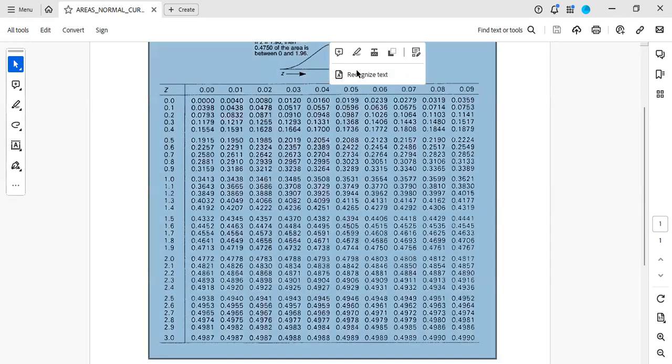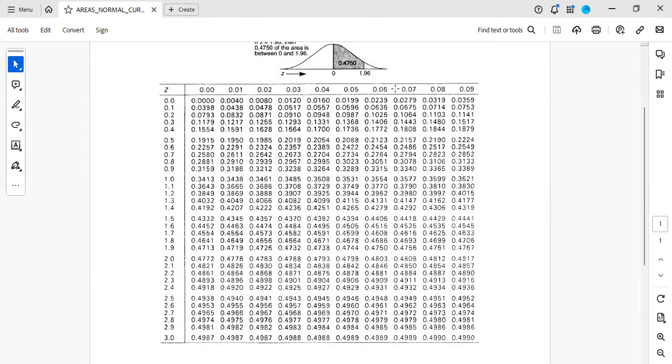The area on the left side is 0.50. So 0.50 plus 0.50 is 1.00, or the 100% of the entire distribution. So now that you see the standard normal distribution, then how do you use it to do a confidence interval?